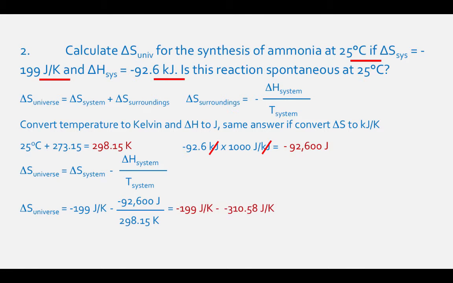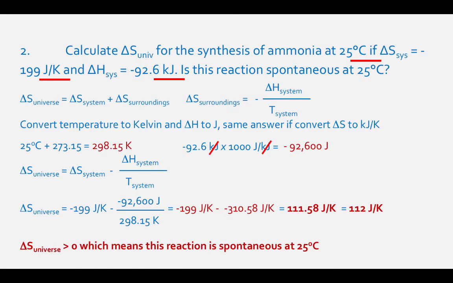This equals negative 199 joules per Kelvin minus negative 310.58 joules per Kelvin. The final answer is then 111.58, or rounded to 3 sig figs, 112 joules per Kelvin. A positive delta S of the universe means a spontaneous reaction, so therefore this reaction is spontaneous.